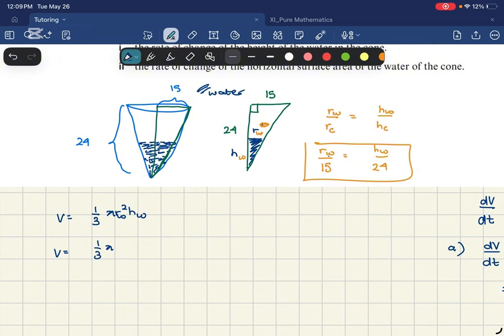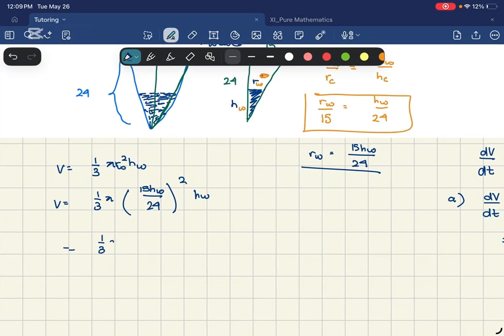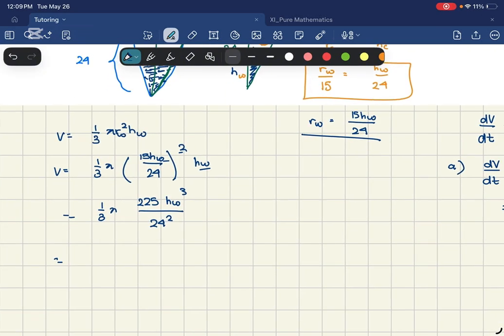I know RW is just 15 HW divided by 24. So I will substitute this here. So 15 HW divided by 24, squared, times HW. So now that is going to be 1 over 3 pi, 15 squared is 225, HW cubed, we have HW squared times HW over 24 squared. So this is going to give me a very messy expression, but it is going to be 225 over 3 times 24 squared. If you simplify, you are going to get 25 pi over 192 HW cubed. That is going to be your V in terms of H.